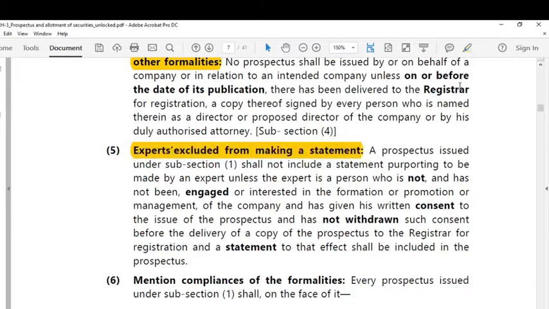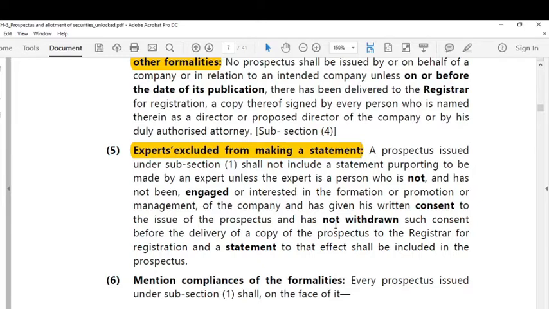And a prospectus should also have experts excluded from making a statement. Normally, each and every prospectus should include an expert's opinion. But not all experts can make a statement; some experts are excluded.